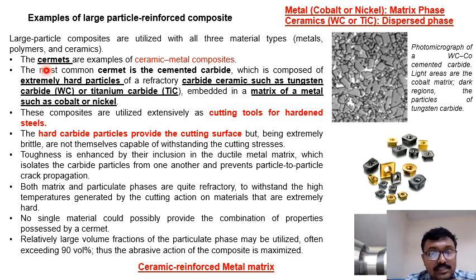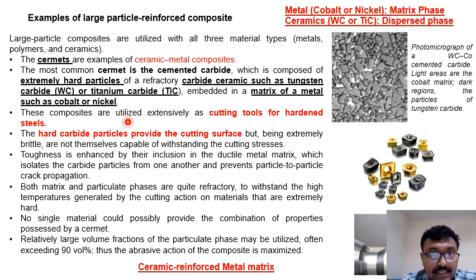The cermets are the example of ceramic-metal composite. The most common cermet is the cemented carbide, which is composed of extremely hard particles of a refractory carbide ceramic such as tungsten carbide or titanium carbide embedded in a matrix of a metal such as cobalt or nickel.